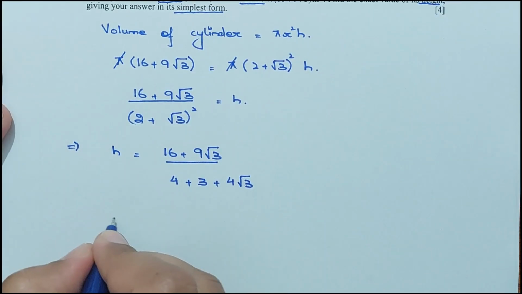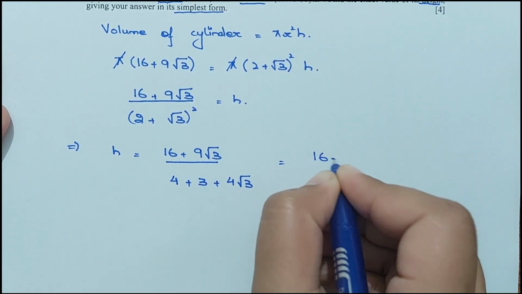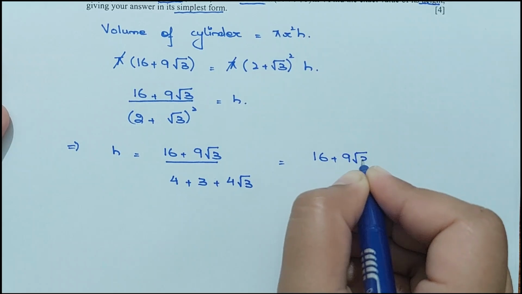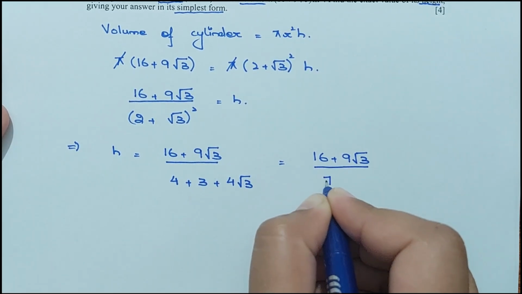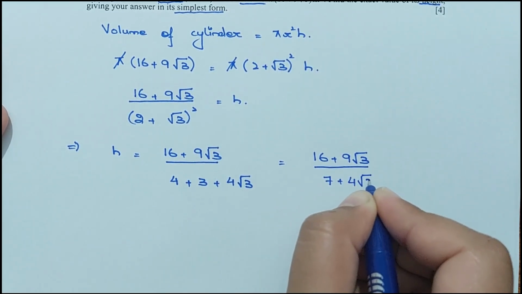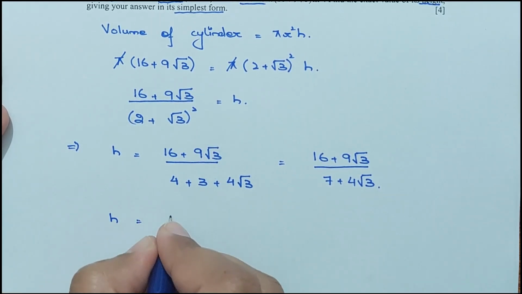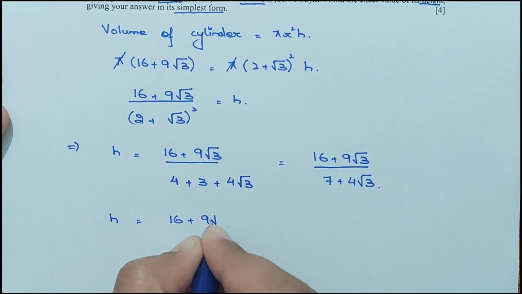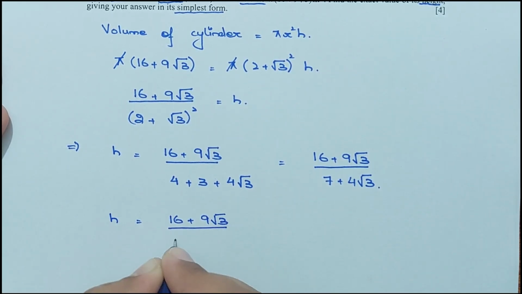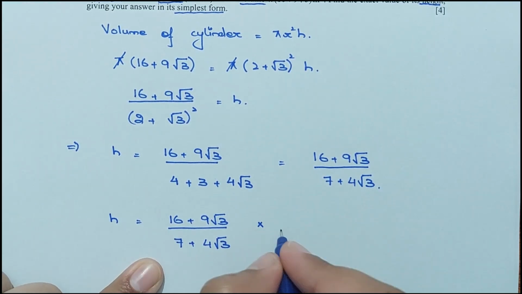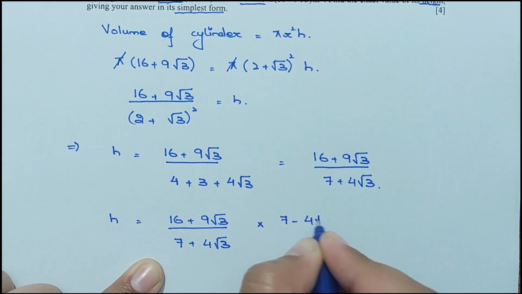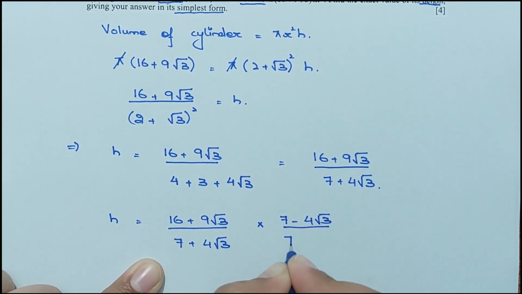Opening it, we have (16 plus 9 root 3) over (7 plus 4 root 3), right? Now let me rationalize it to solve for height in its simplest form. Multiplying and dividing by the conjugate of the denominator, this should be (7 minus 4 root 3) over (7 minus 4 root 3), right?